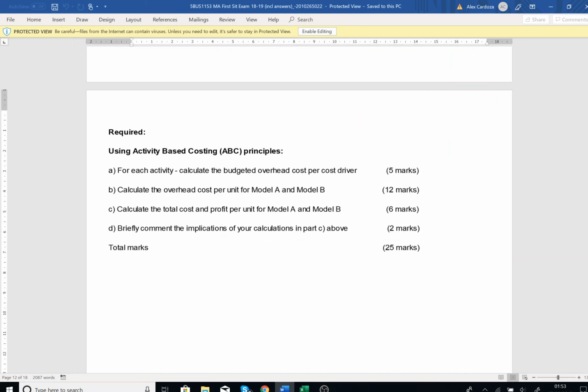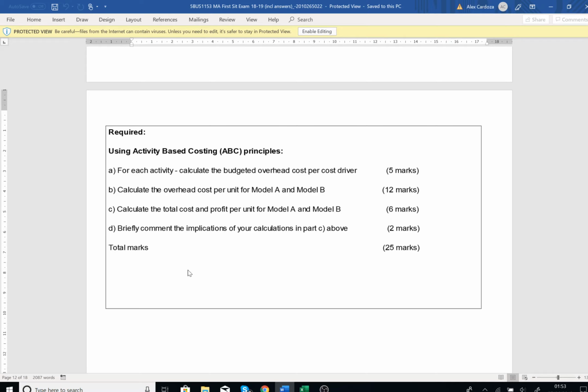Now we're going to calculate the overhead cost per unit. The reason why we did this first one is so that we can now easily calculate the overhead cost per unit for model A. So what you do is you multiply all that back in for model A and model B, and then you divide it by the number of units you create, basically.